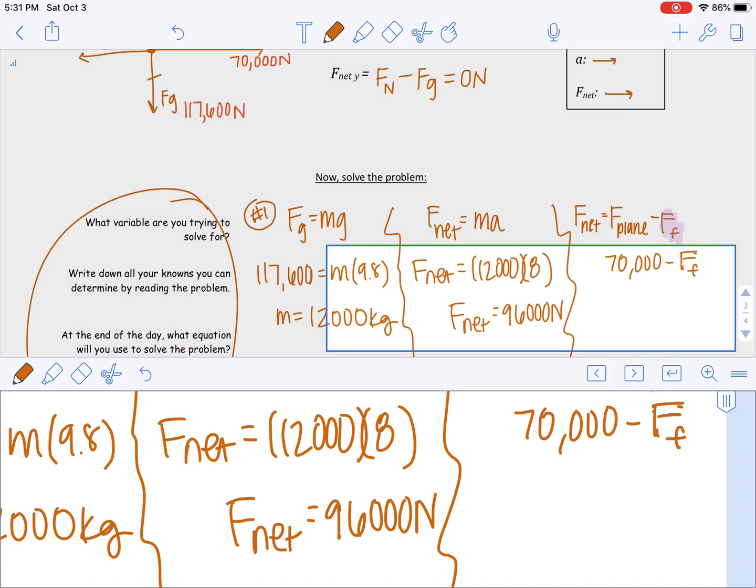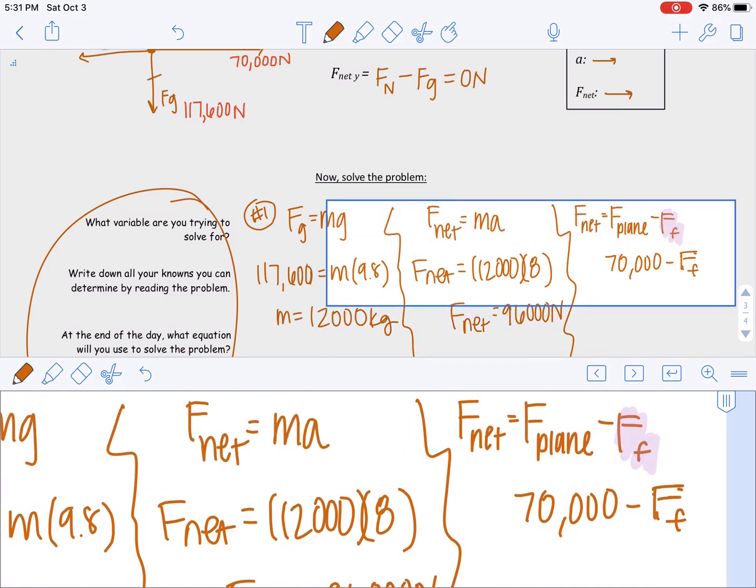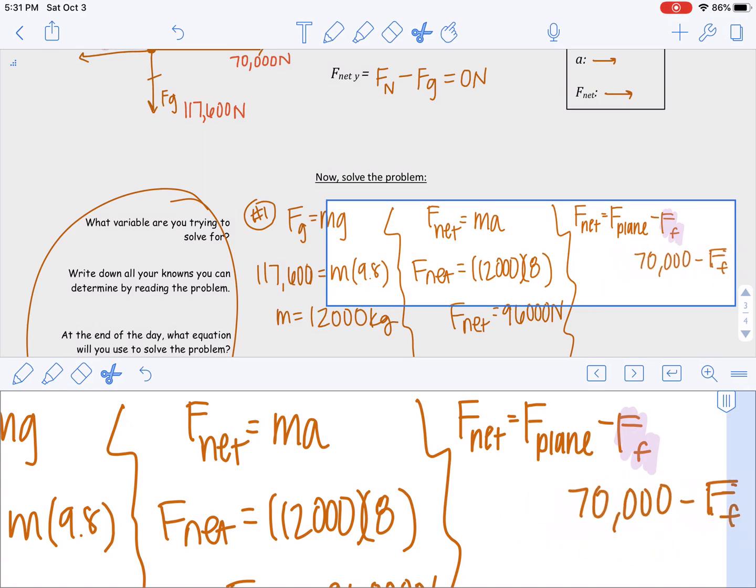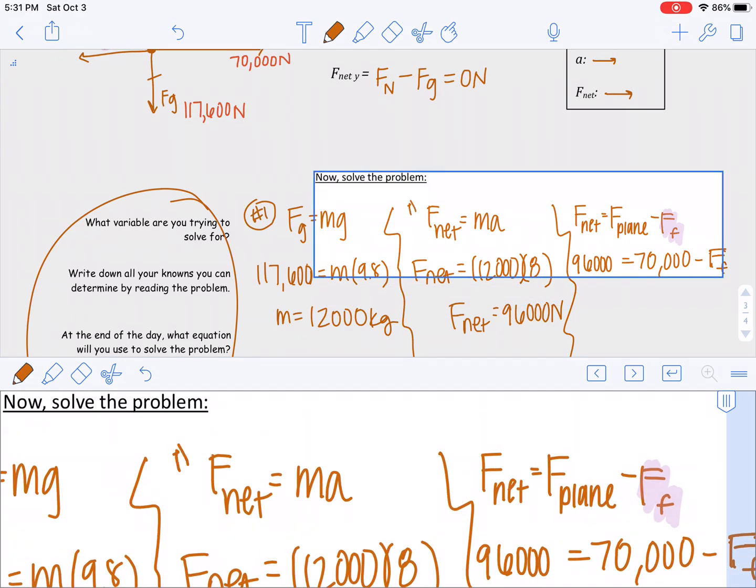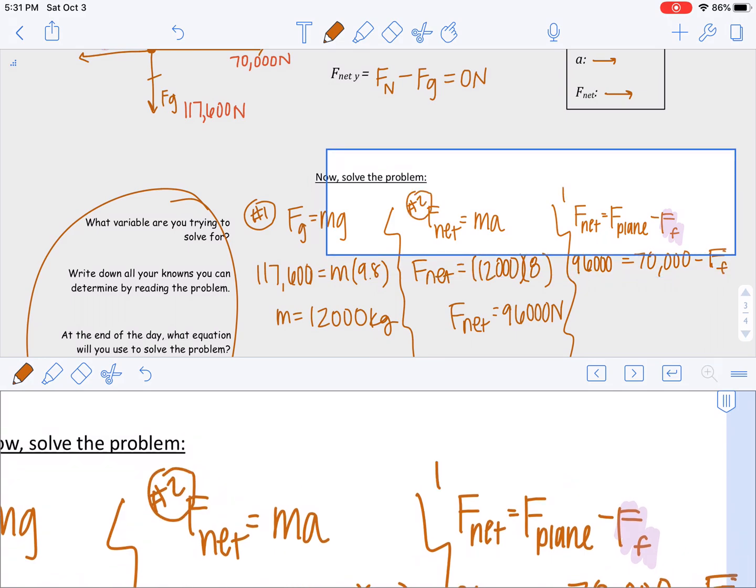So then I can plug that into this equation. So this was my step 2. Now this is my step 3.